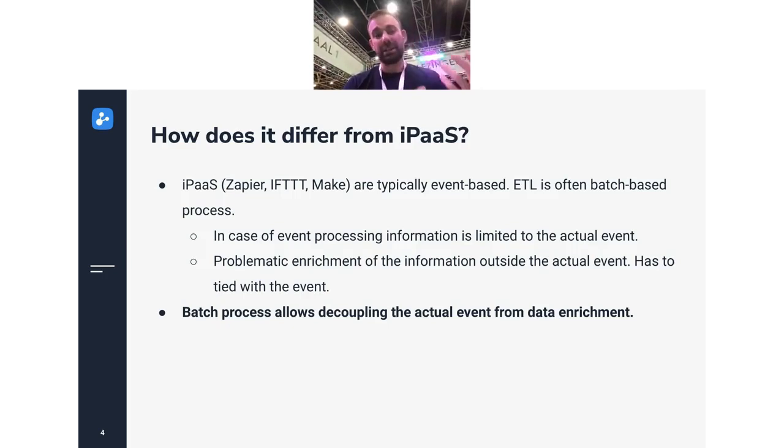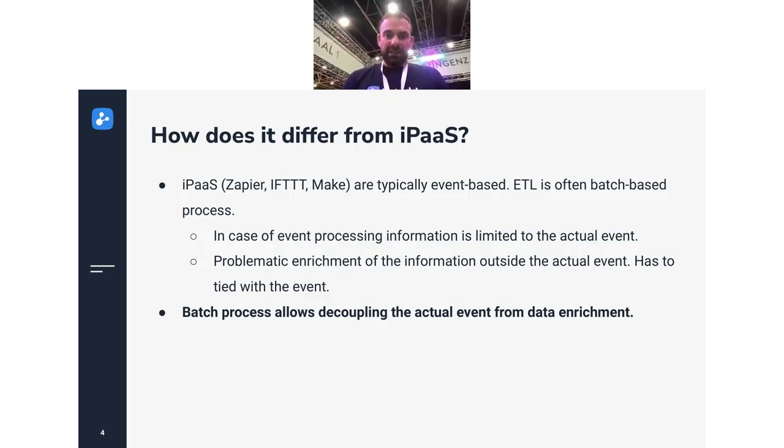So instead of capturing the individual events, of course, there are also some overlaps where you can use both approaches, but mainly the reverse ETL is about batch processing, where essentially you extract some data from the data warehouse as a batch at a given time. It could be every 5 minutes, every day, every hour, and then you push them to the operational system. And so this is very different from event processing, where you process the event in real time and you send the data to the destination in real time.